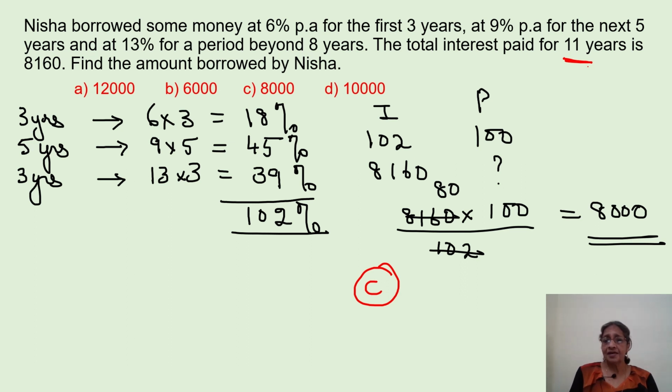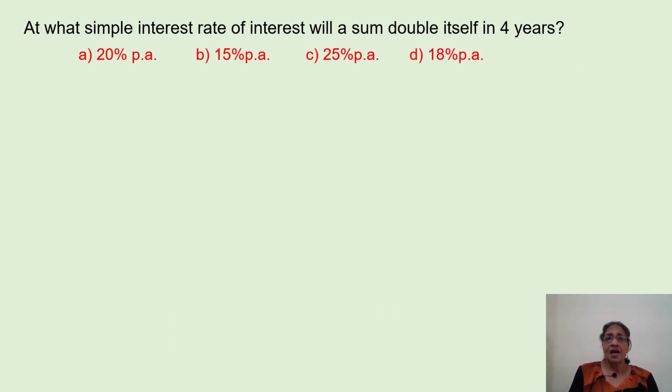At what simple interest rate will a sum double itself in 4 years? Okay, so now let's see what we can do here. You can take the principal as maybe P, 100, whatever. So let's take the principal as say 100.